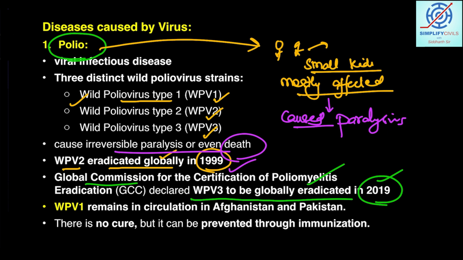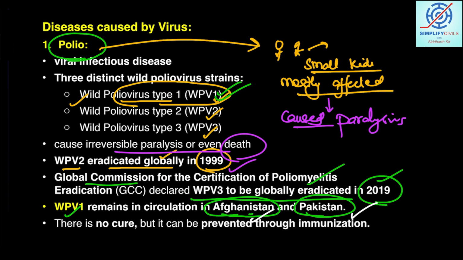So in the present scenario, type 1 is virulent and prevalent today. Type 1 is existing and the other two types have been globally eradicated. The circulation of type 1 polio virus is seen in Afghanistan and Pakistan currently. Even the African nations are free from polio. India too is free from polio.